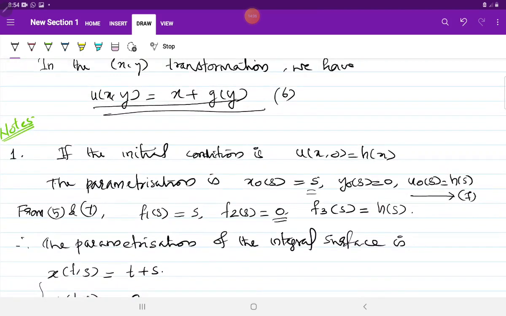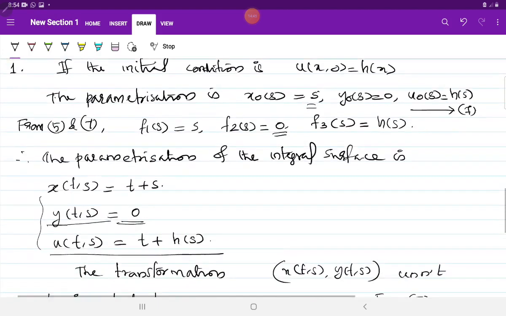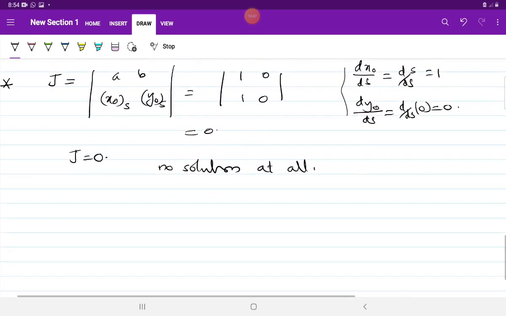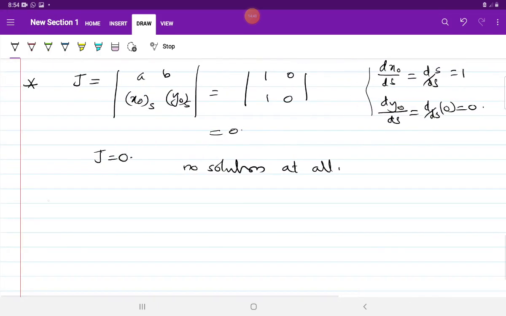The projection to the xy plane is obtained by taking u equal to 0. So this represents x naught of s equal to s and y naught equal to 0, that is the x axis.